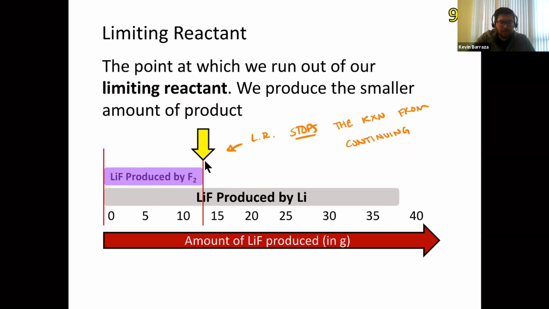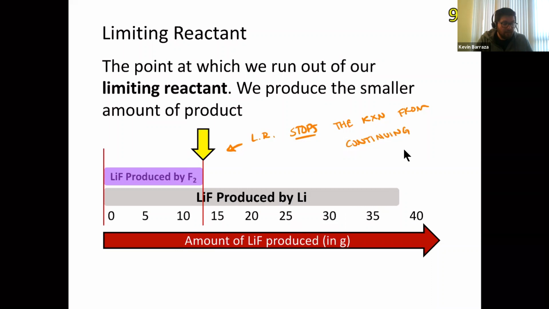So once 1 ingredient gets used up, even though I have excess of the other, I can't do anything with it without the 2nd ingredient. This is why we say the limiting reactant stops the reaction from continuing, and it indicates which one we should pick for our answer. The answer is the one that gives us the smaller value.